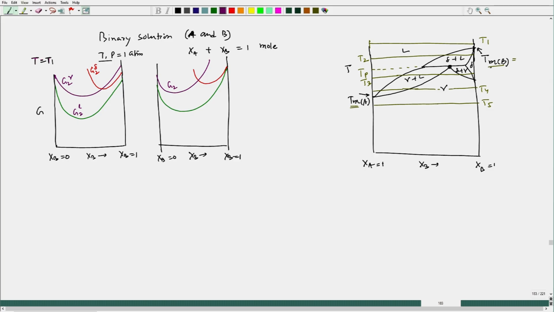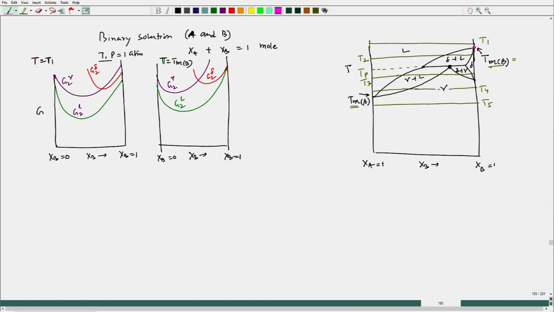This is G2 gamma, this is G2 delta, this is G2 liquid, and at T equal to TMB, I can see that the delta will have equal free energy with liquid when it is pure B. So, the first point will appear here.